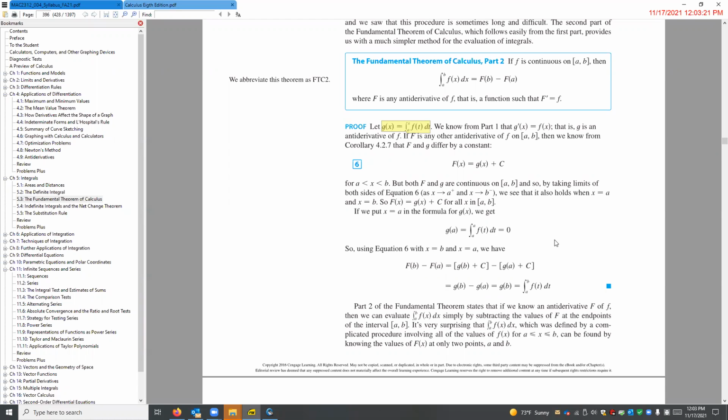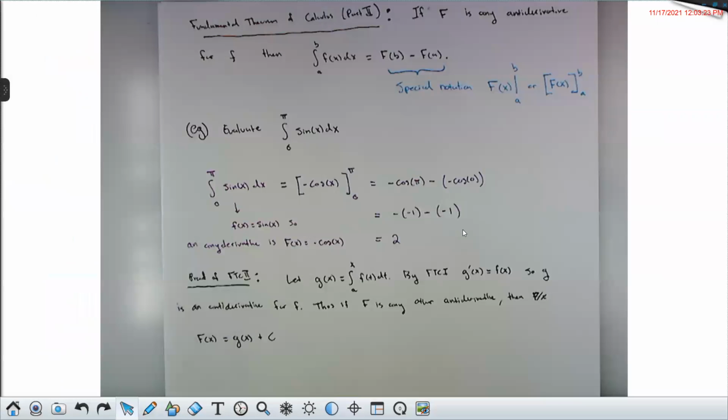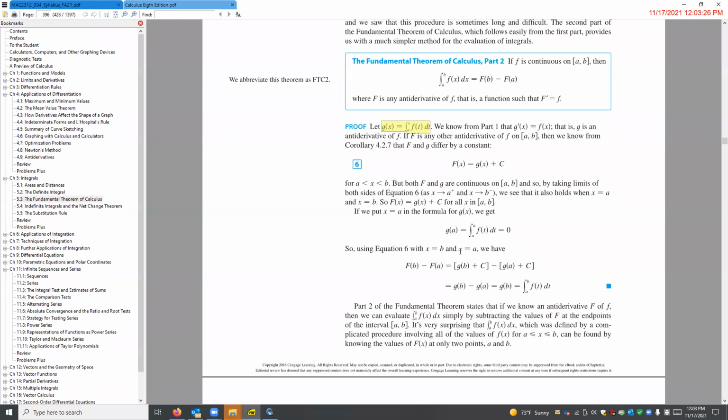So you plug in a. Oh, there's something kind of clever here. g of a equals 0.